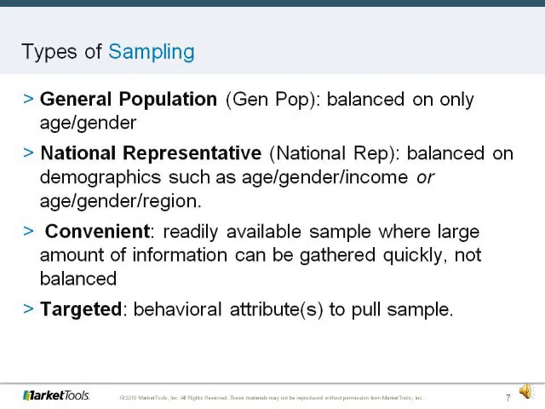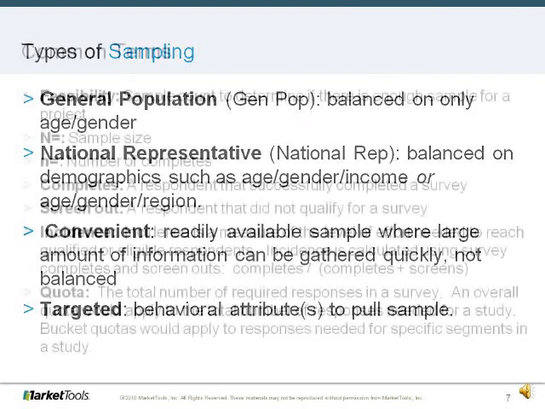A convenient sample is used when a large amount of opinions or data is needed quickly. A convenient sample is not balanced at all according to any demographic information. And lastly, targeted sample is the most filtered or balanced sample that you can purchase. Think back to our example of a male homeowner who cares for his own lawn. That is a targeted sample.